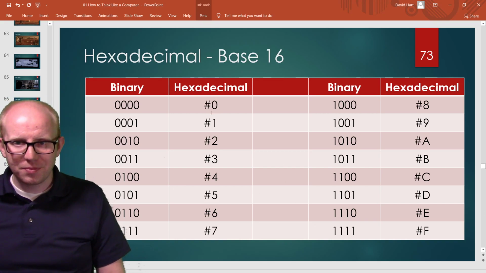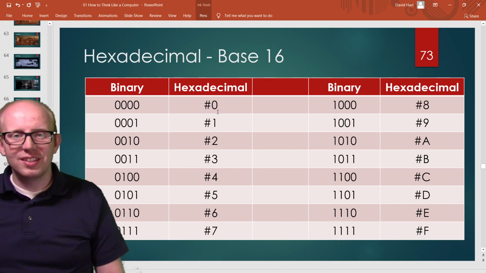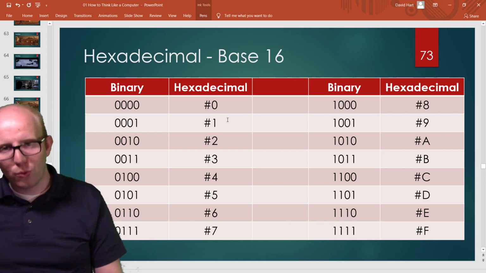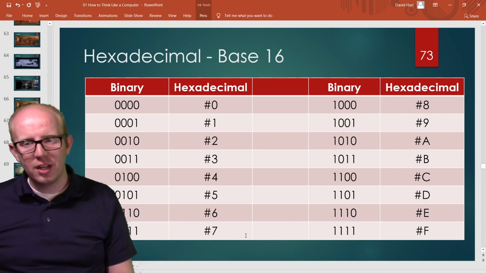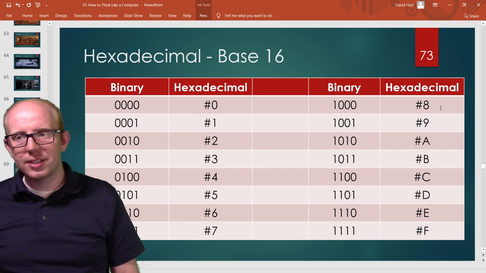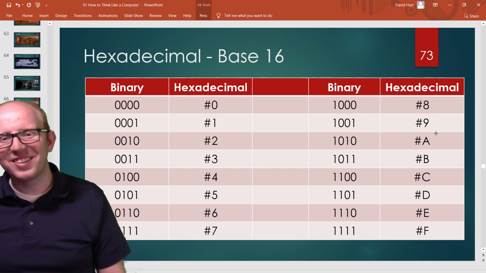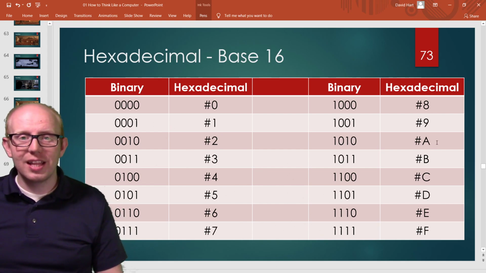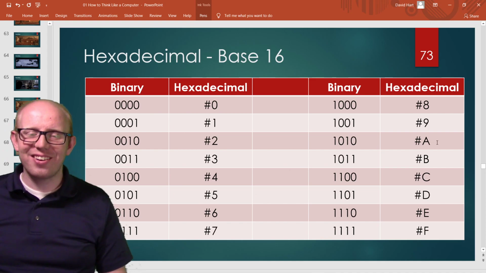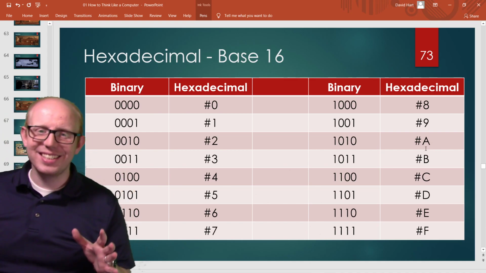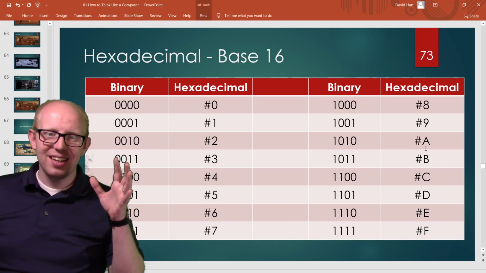Okay? So the number for 0 in hexadecimal is just the regular 0. The number for 1 in hexadecimal is just the regular 1, and so on all the way until we get to 8, all the way until we get to 10. Then, when we get to the 10th symbol, we use the letter A. So, letter A in hexadecimal represents the 10th value.